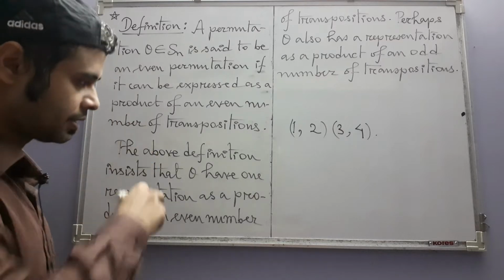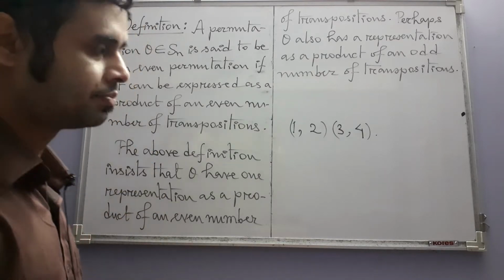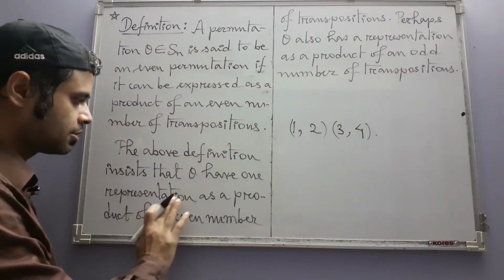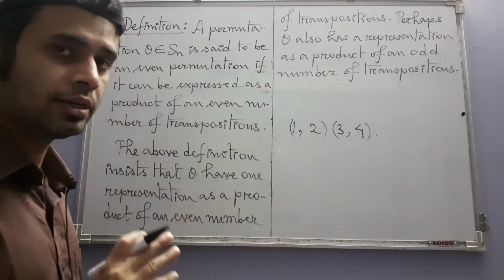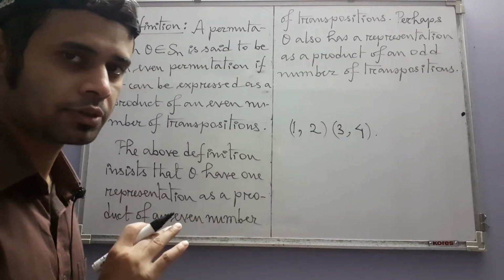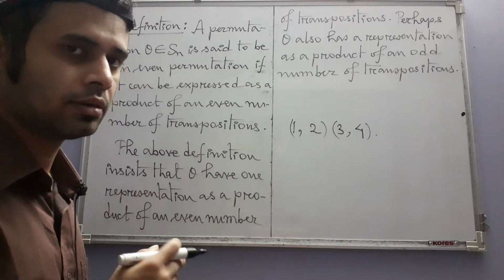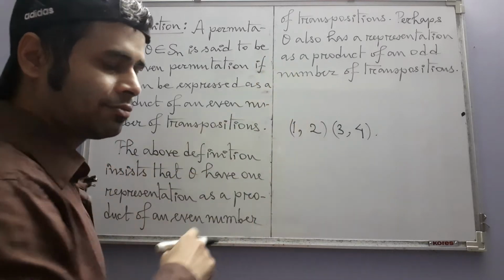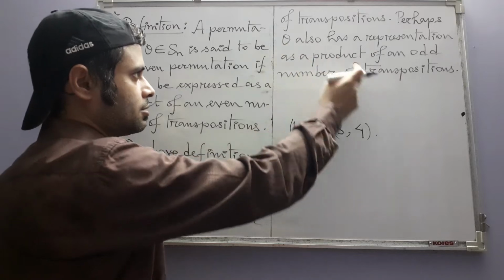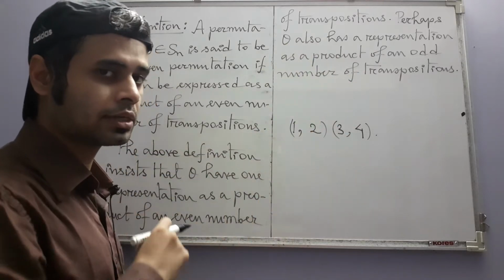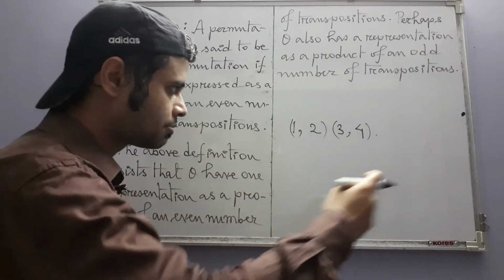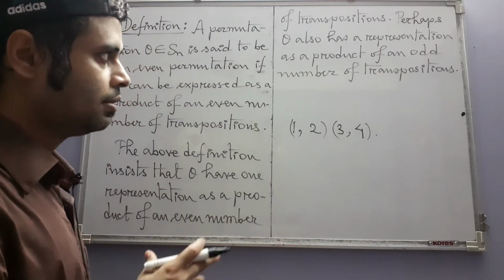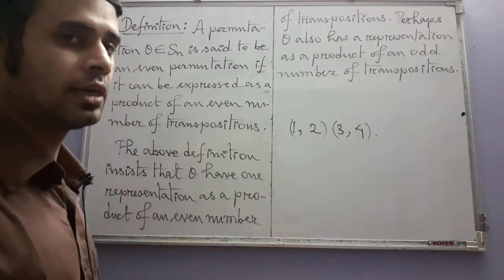Fine, it may have. Then you may ask, so what is the big deal? The thing is that this definition insists that theta have at least one representation as a product of transpositions where there are an even number of transpositions, and that's just it. We don't have to even bother about this fact, which may or may not be true, that simultaneously theta is also expressible as a product of an odd number of transpositions. However, we will show that that cannot happen.